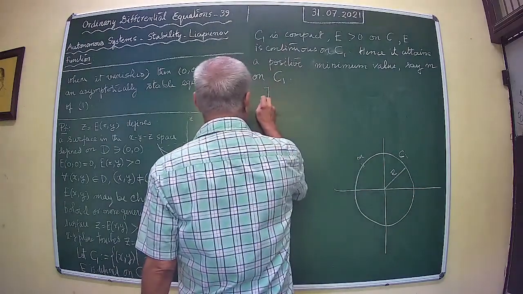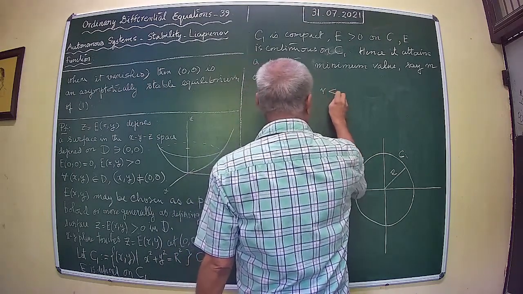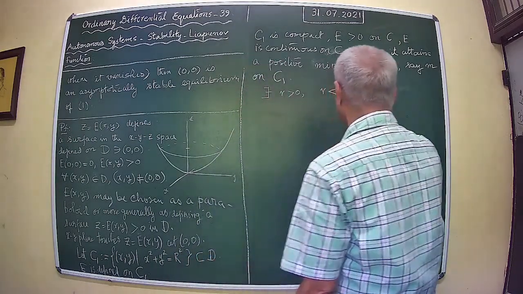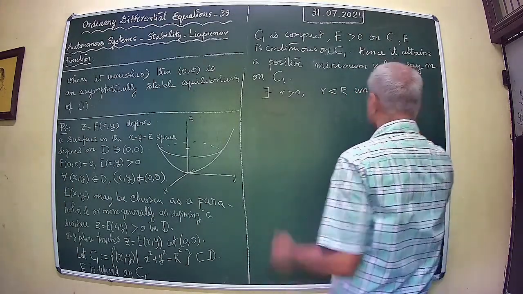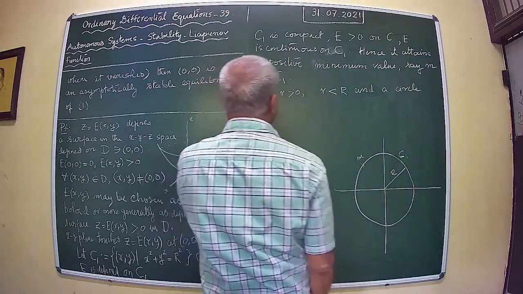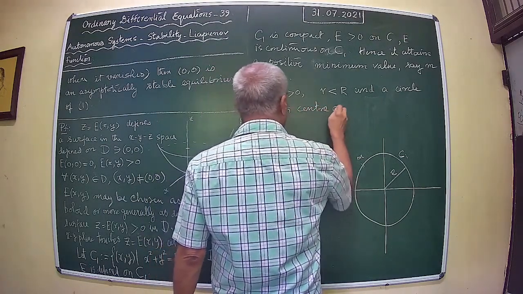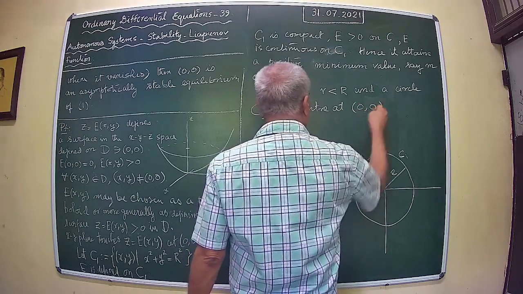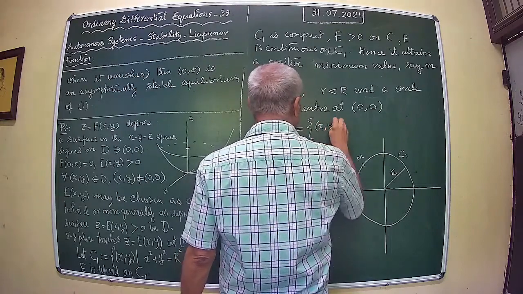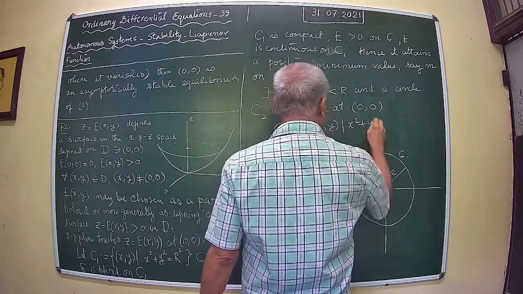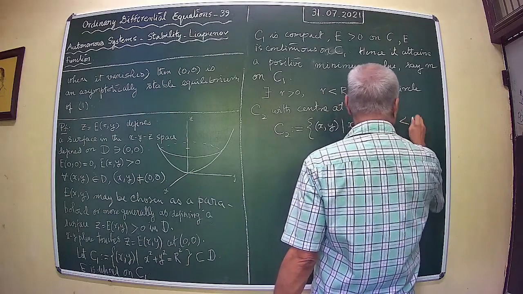There exists a small r positive, r strictly less than capital R, and a circle C2 with center at 0, 0, that is C2 is defined as x squared plus y squared equals small r squared, which is less than R.